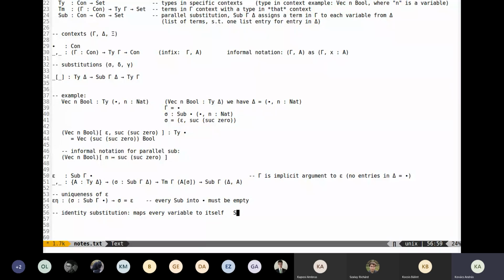So informally, if you have an identity substitution which, for example, goes from x in bool, y in bool, to the exact same context, then an informal notation for this substitution could be that we are mapping x to x and y to y.